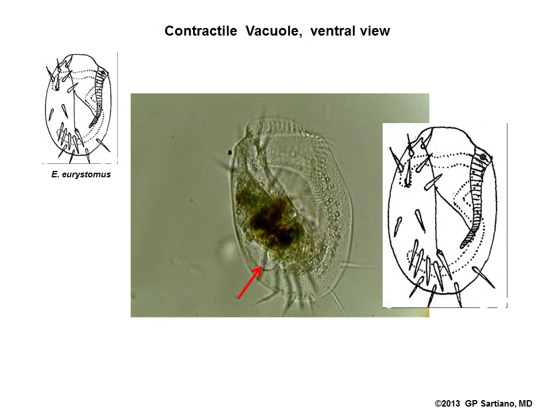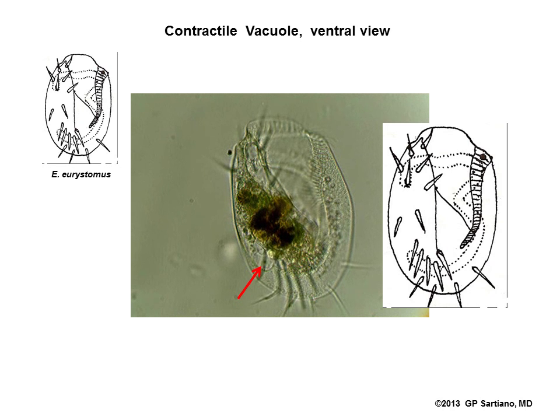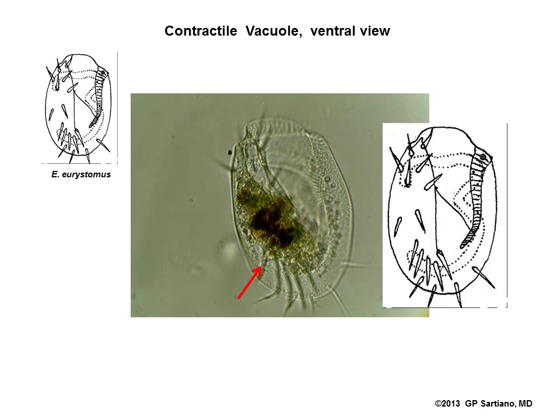This video provides a ventral view of the contractile vacuole of Euplotes. Note that in the ventral view, the contractile vacuole is on the organism's right side and it is beyond the midline of the body.